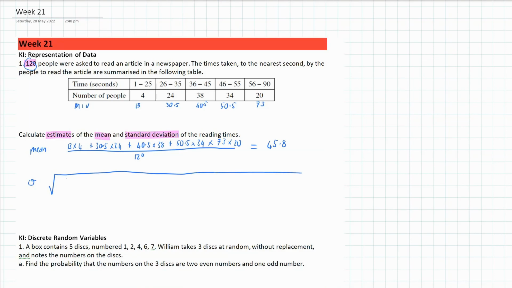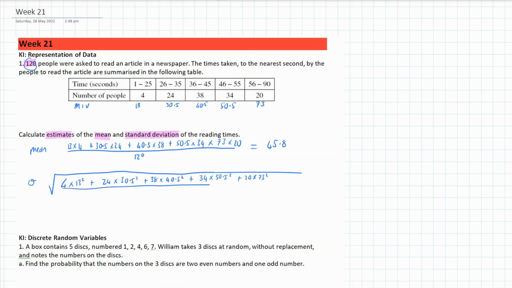I guess 4 times 13 squared, plus 24 times 30.5 squared, plus 38 times 40.5 squared, plus 34 times 50.5 squared, plus 20 times 73 squared.